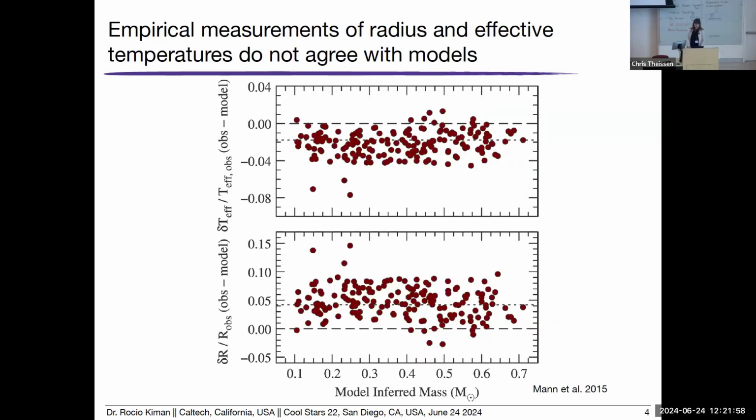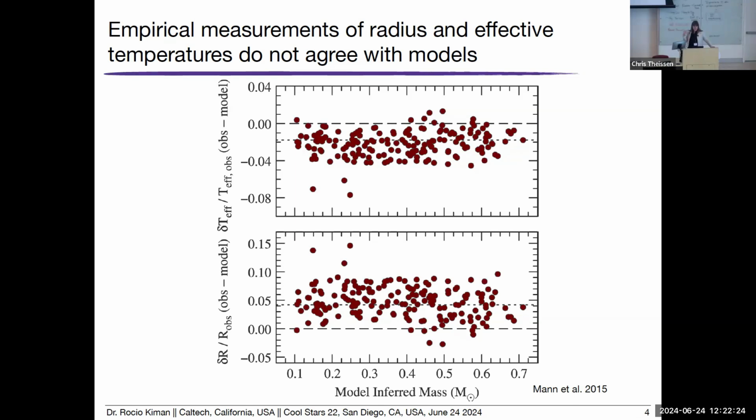So we know that there are problems between measurements and models of radius and effective temperature. For that, I'm showing the work by Andrew Mann in 2015, where they are showing the difference in temperature between observation and model at the top, and the difference between model and observations in radius at the bottom.